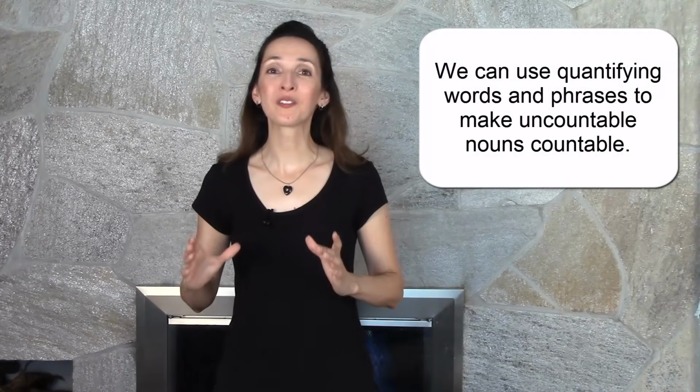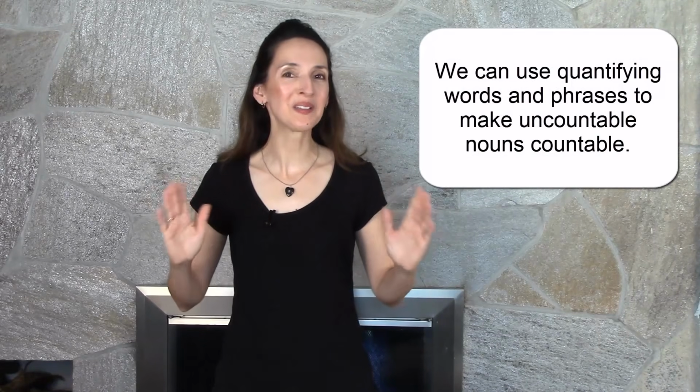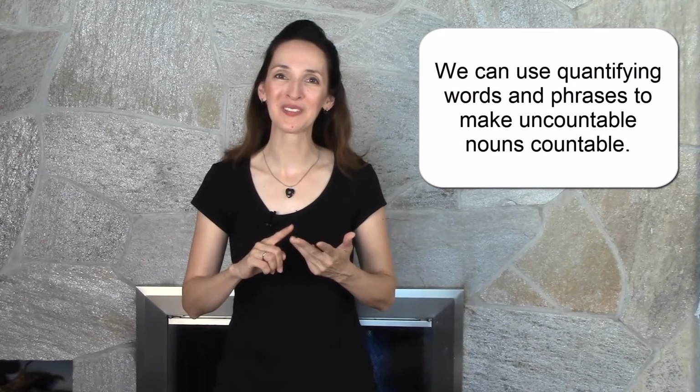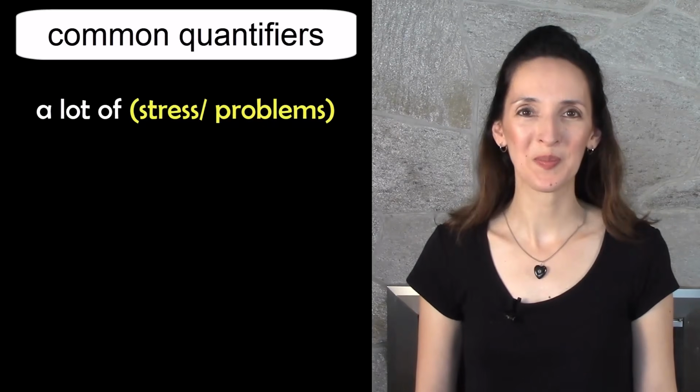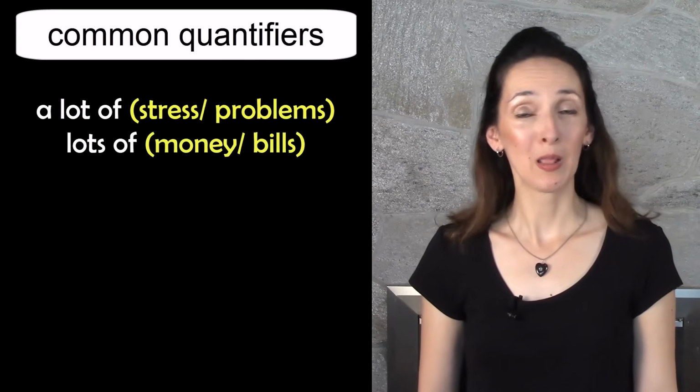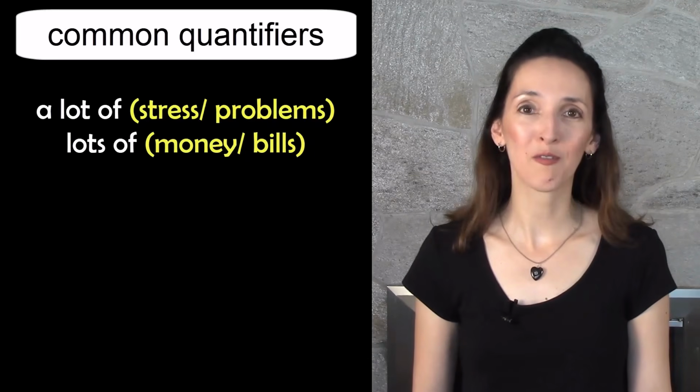We can use quantifying phrases to make uncountable nouns countable. There are some quantifiers that you can use with countable and uncountable nouns. Here are some you likely know, but it's good to review them. A lot of stress, a lot of problems. Lots of money, lots of bills.